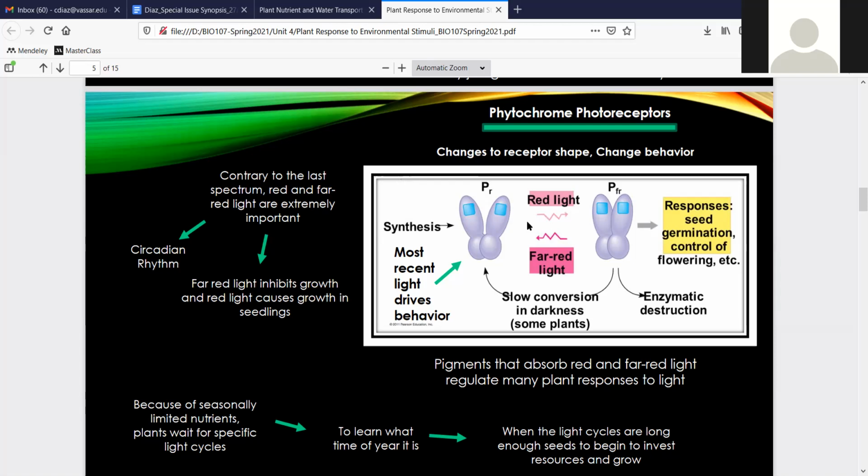You have the Earth, the sun starts to set, and the wavelengths of the light coming into our atmosphere are going to change based on the angle and the intensity of the sun. And so when the sun starts to set, the light that is hitting us is going to change from that red to a longer wavelength, which is far red. And so the plant can pick up on far red through that wavelength at nighttime.